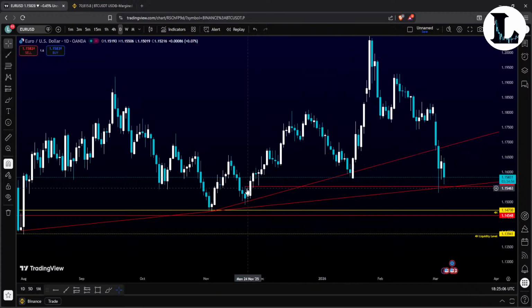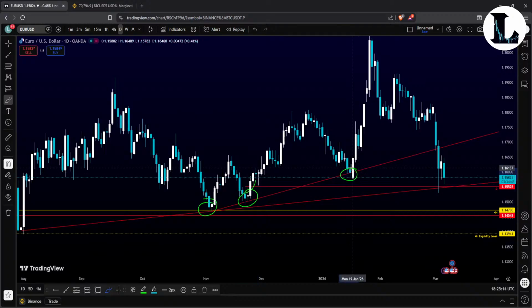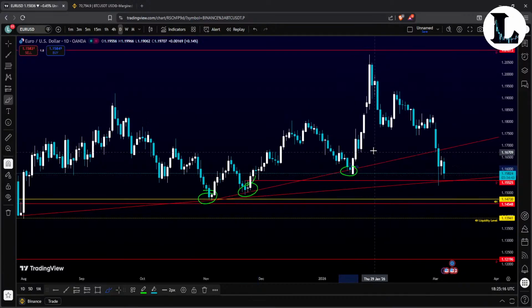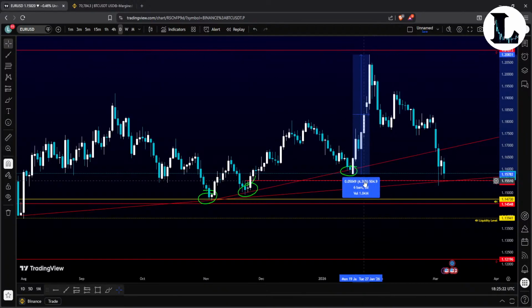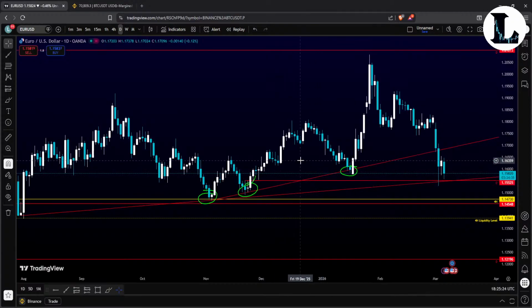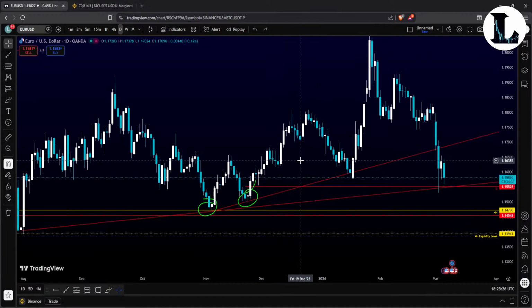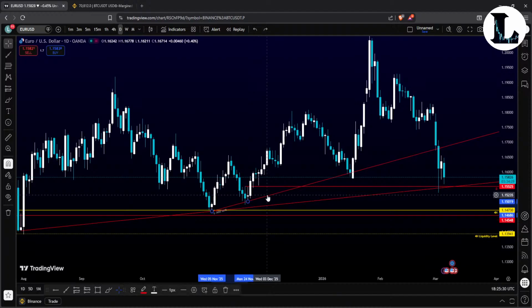So we had the creation here, continuation, and the third test here, and you can see that we have a big move up, sorry, on that test. 4.3% here on the euro dollar, and we probably don't need this trend anymore.